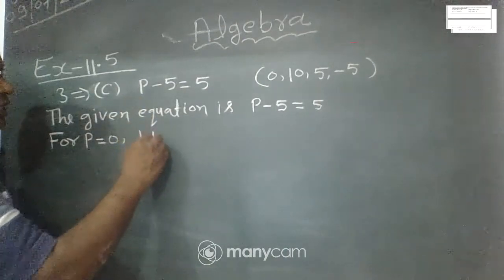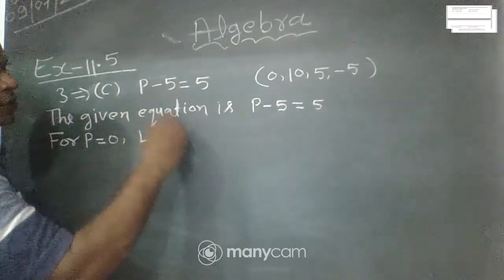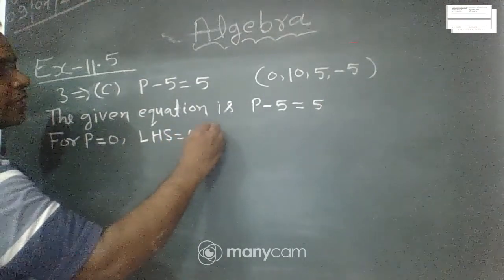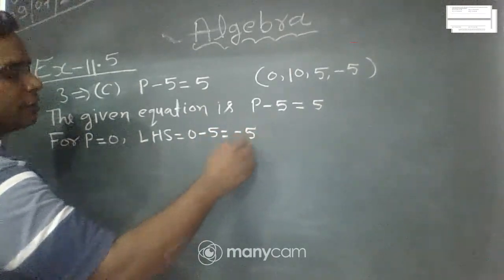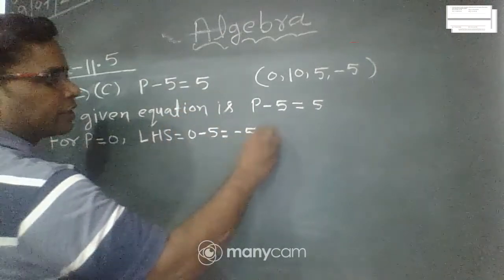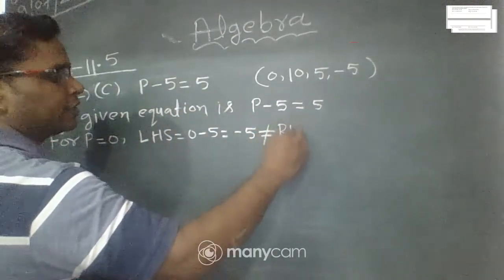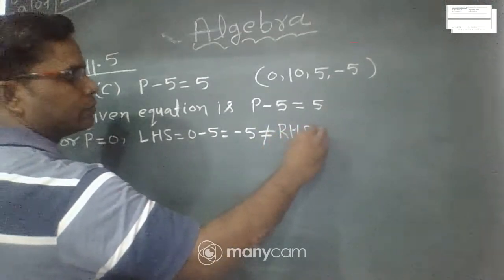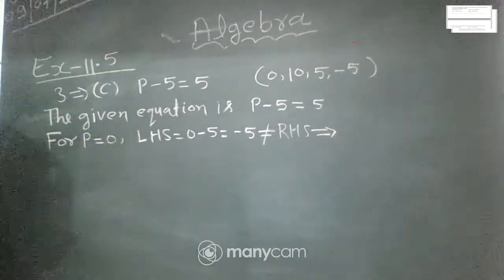So the left hand side, p minus 5, is equal to minus 5. This is the left hand side, but the right hand side is 5. So you can say this is not equal to the right hand side. So we can say this is not a solution.